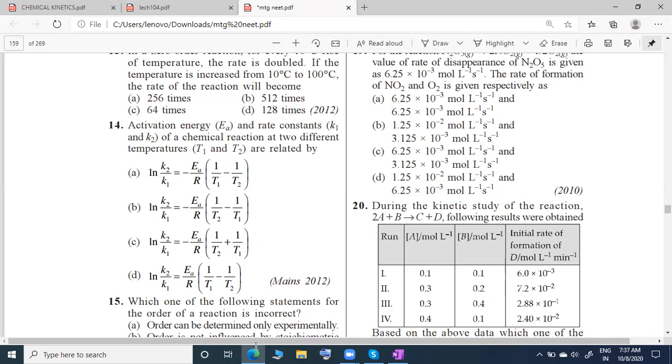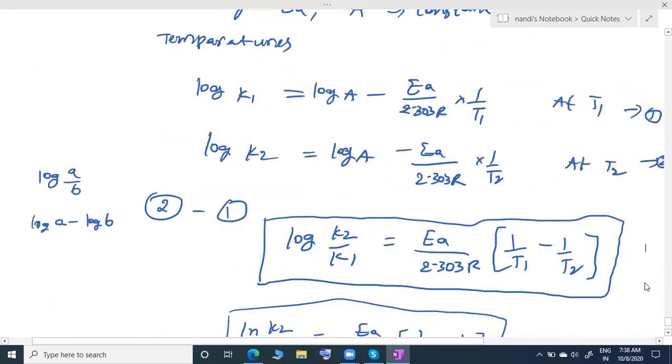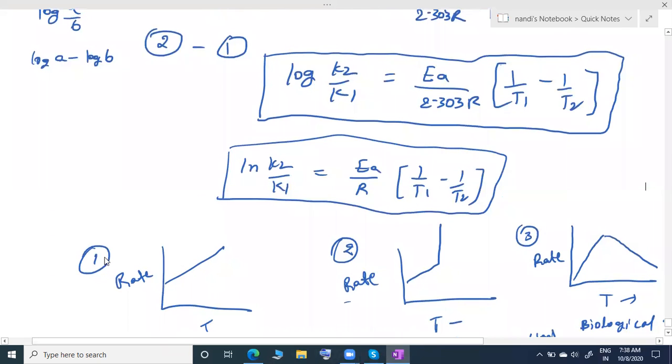If they are keeping minus, it means we should not write it like this. You can see here ln K2 by K1, EA by R, 1 by T1 minus 1 by T2. If you are keeping minus, you have to write 1 by T2 minus 1 by T1. But again, very clearly this is the expression.